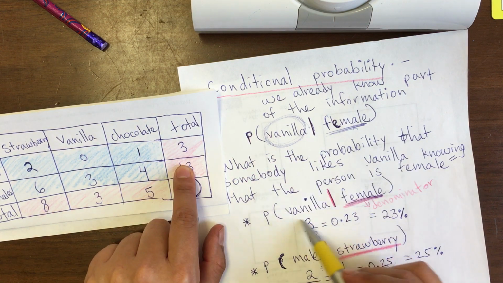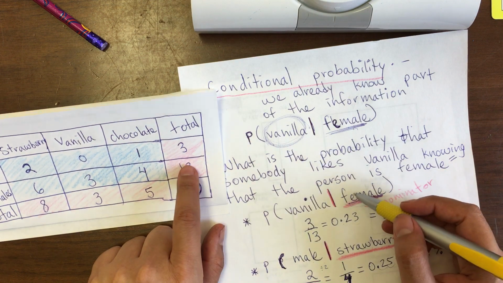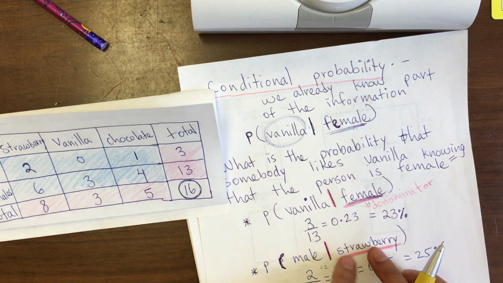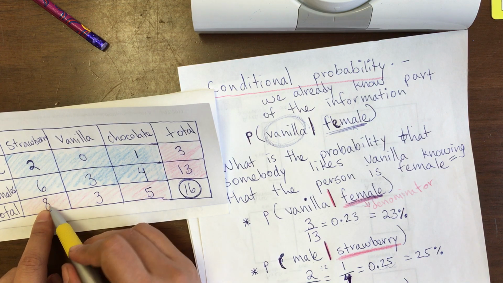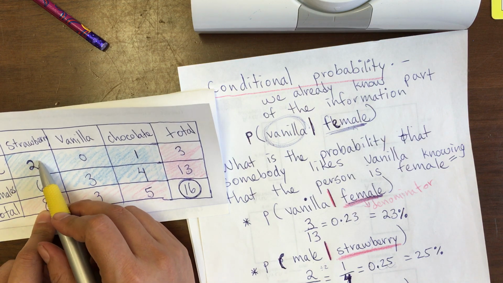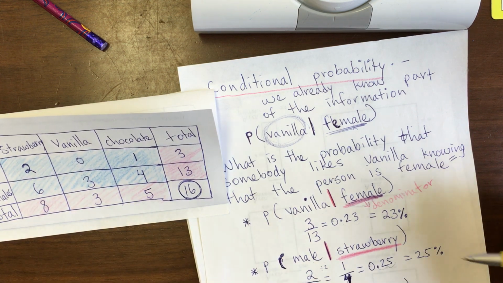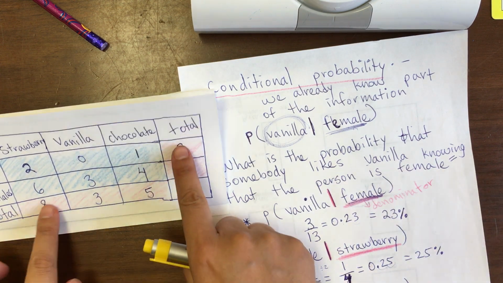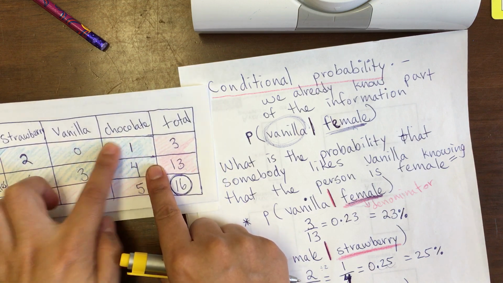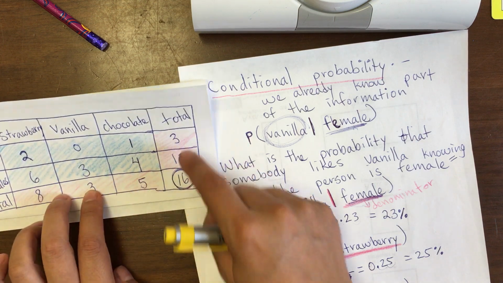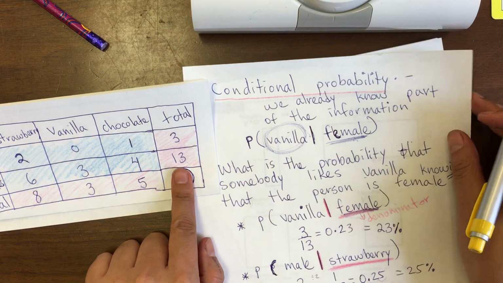And then you look for the probability within that row, if it's a row. Or you look for the total of strawberry, and then you look in that column for the numerator, okay? So basically for conditional, you're just going to be working with these numbers. These will be your numerators. These will be your denominators. And this one is not involved in conditional probability.